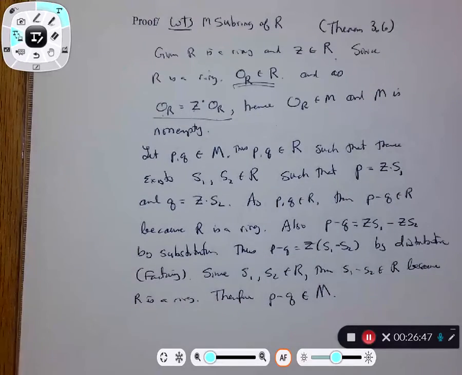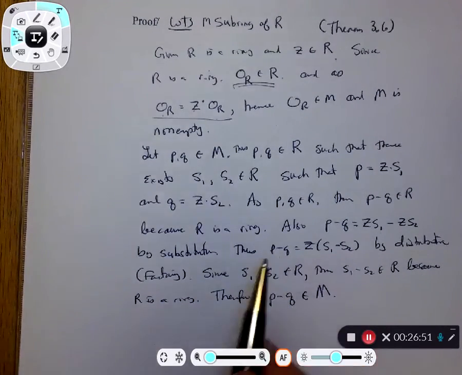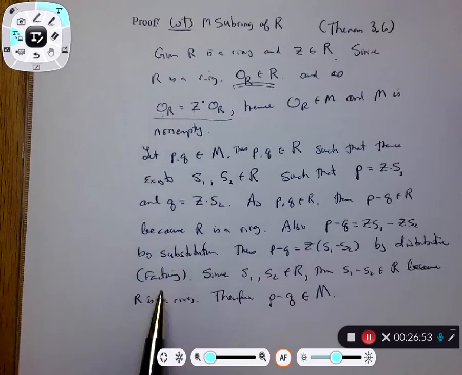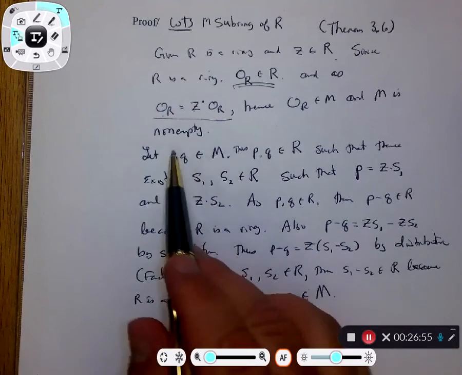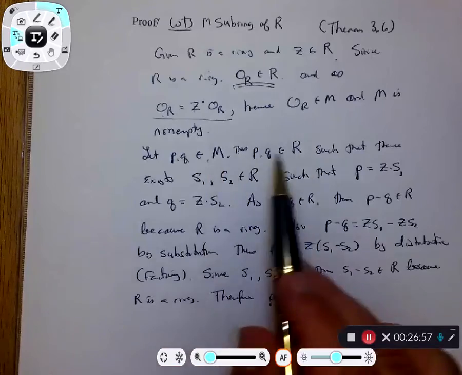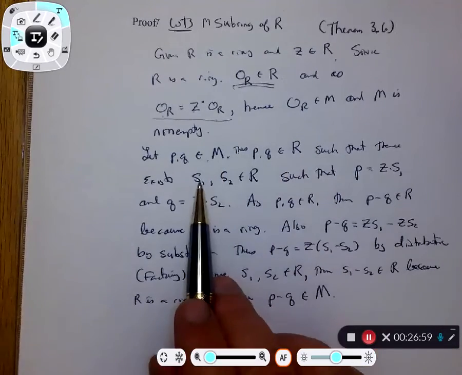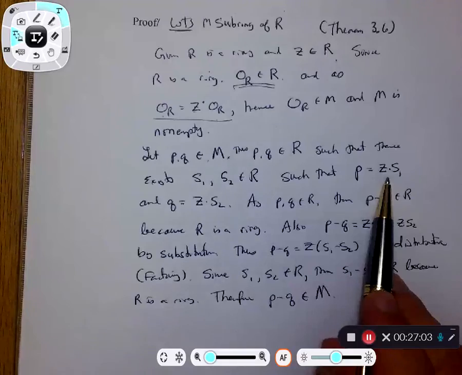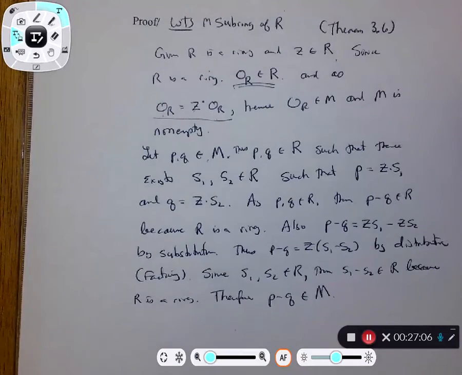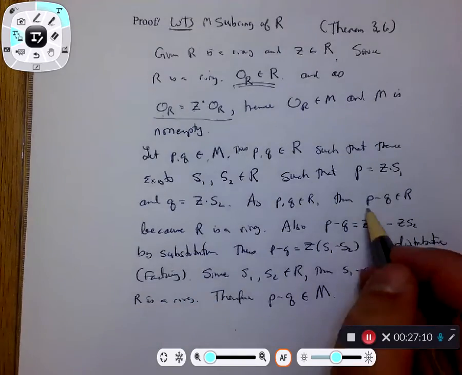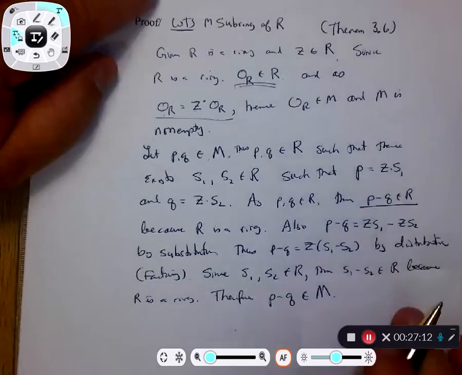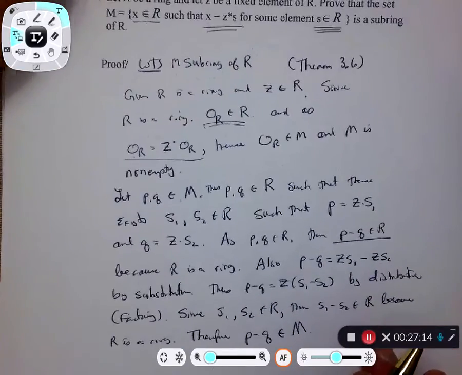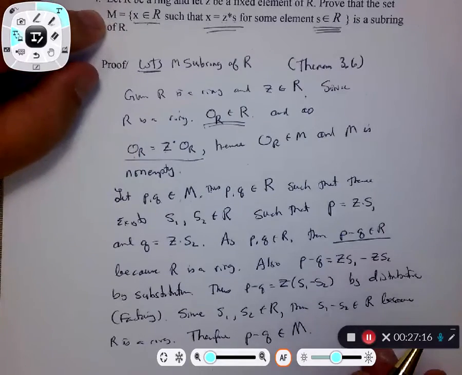Again, I will highlight what I need here. I've got P and Q, and I'm going to look at P minus Q. So I gave myself a couple elements inside of M. That meant they come from R, and there exist S1 and S2 in R, so I have my equations: P equals Z times S1 and Q equals Z times S2. I'm interested in P minus Q. Well, P minus Q is an element of R, so the first block of being inside of M is taken care of.